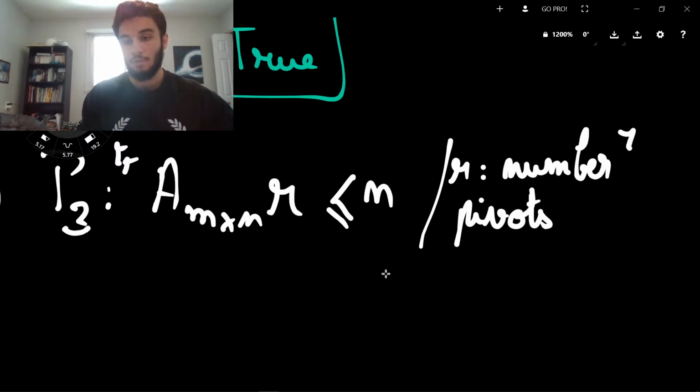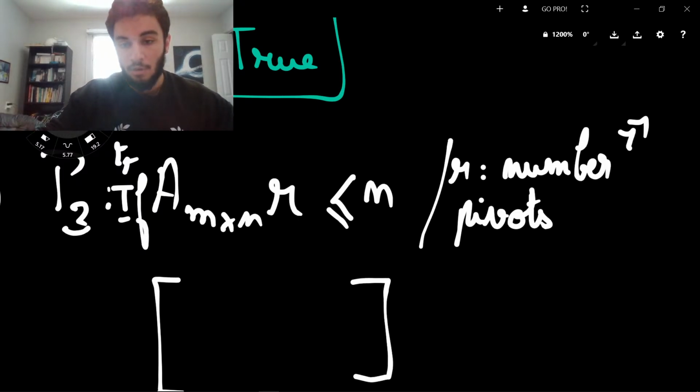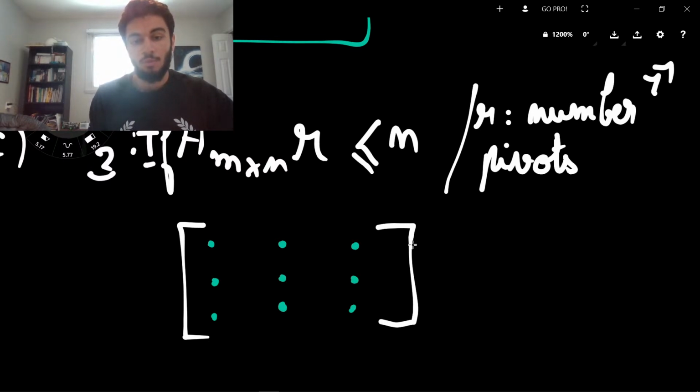Yeah, so this is what they're asking. So if A is an m by n, so an unsquared matrix, then its rank will always be smaller or equal to the number of columns. I do not guarantee anything that is correct in what I'm about to say, but let's give you an example with a 3 by 3.